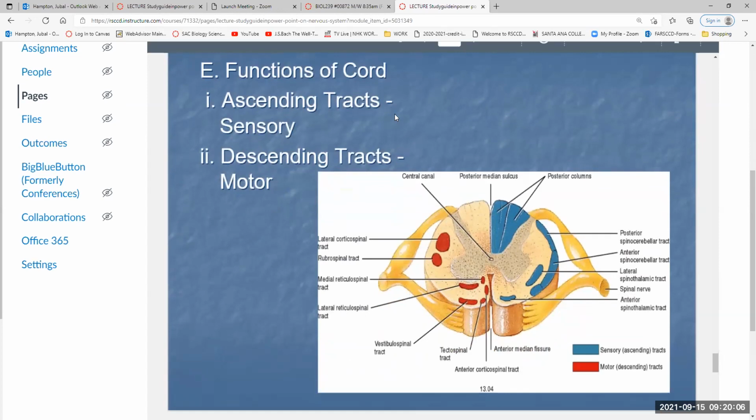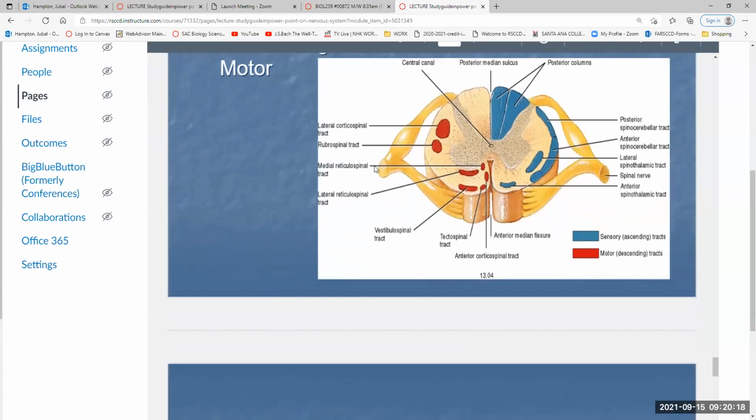Now, back to the cord, it is composed of ascending tracts and descending tracts. You do not have to memorize the names of the individual tracts that are within your textbook or lab manual.